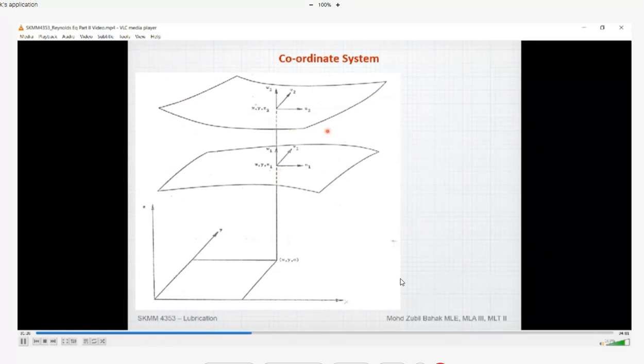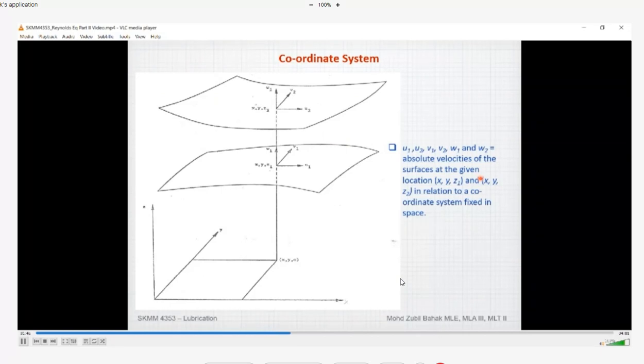This is an arbitrary surface which is far away from the plane x, z, and y. And u1 and u2, v1 and v2, w1 and w2 are the absolute velocities of the surface at a given location as shown here.